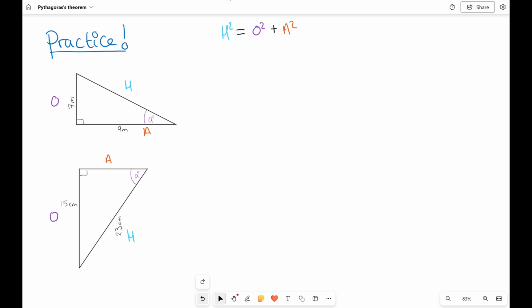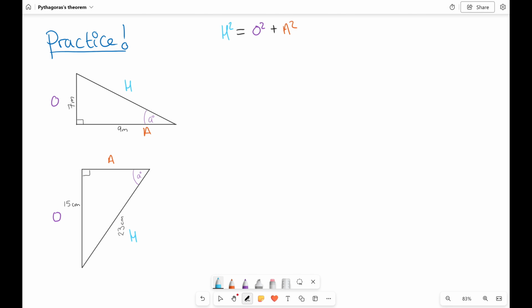Okay, welcome back. I've labeled the triangles for you and let's get straight into it. So we are looking for h. Okay, so we've got h squared is equal to o squared, which is 7 squared, plus a squared, which is 9 squared. Yeah?